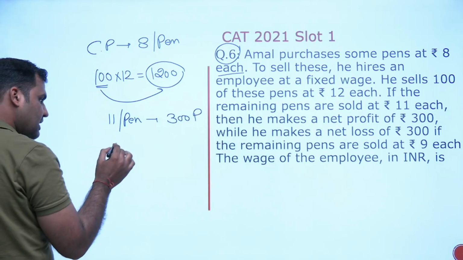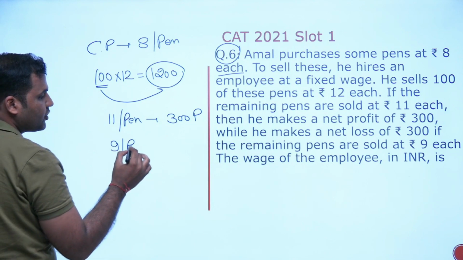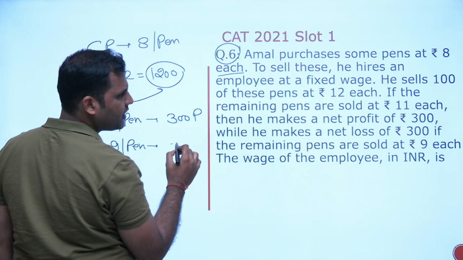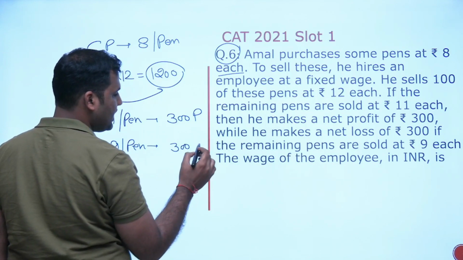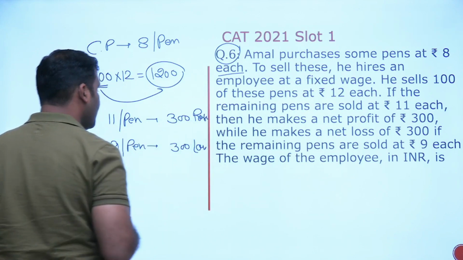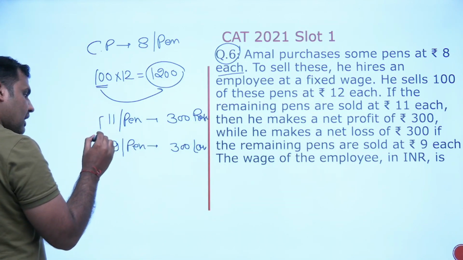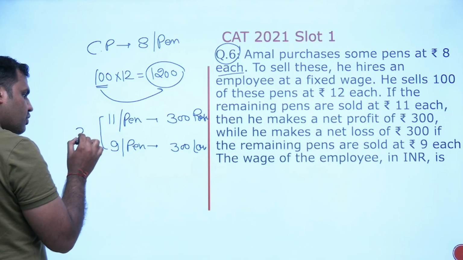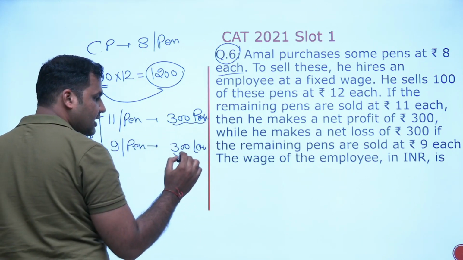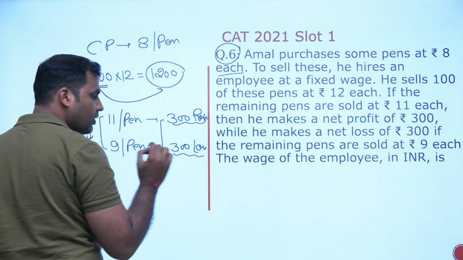But if the pens are sold at 9 rupees per pen, then this person is losing 300 rupees, right? Okay, 300 rupees loss. Here 300 is profit. You see that if we reduce the price of every pen by 2 rupees, the 300 profit is getting converted to a 300 rupees loss.